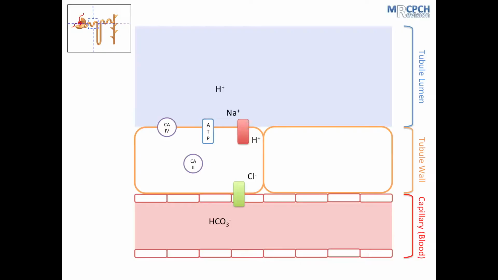Sodium is also freely filtered, and there is a sodium proton exchanger on the luminal surface, and the remaining protons are exchanged for sodium. The bicarbonate is then absorbed back into the circulation, and the protons are excreted in the urine.